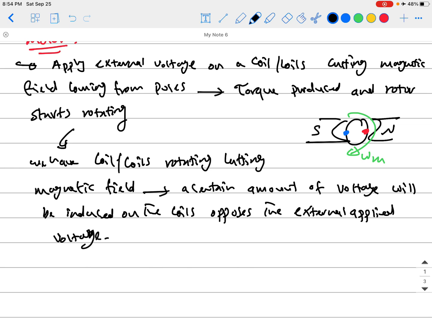That's what I mean by having a small generator inside this motor, okay? Why? Because once the motor starts rotating, these coils are rotating, cutting a magnetic field, and these are the typical conditions you need to get an induced voltage generated inside the machine.